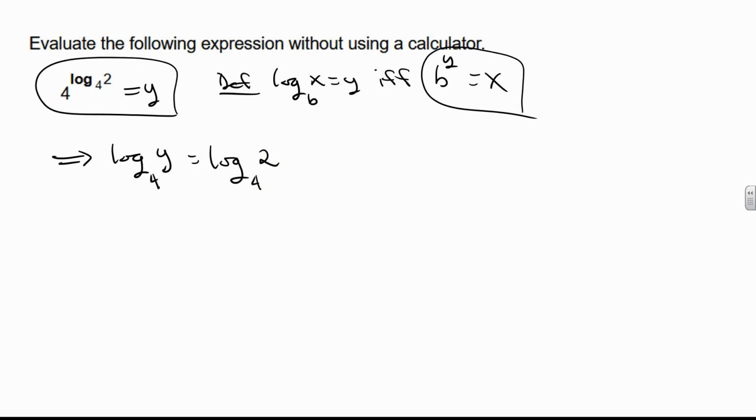Well, if I have a log equal to a log, and they have the same bases, that means this is the same as that. y is equal to 2. So this implies that y is equal to 2. So the answer is 2.